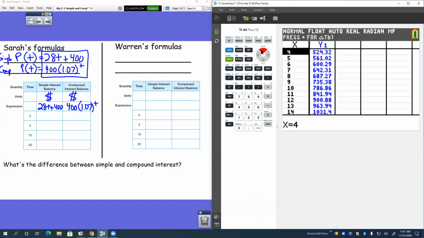So when we go to look at it, at zero, we have 400. At 3 years, it is 490.02. For 10 years, it's 786.86, which is what we found before, by the way.